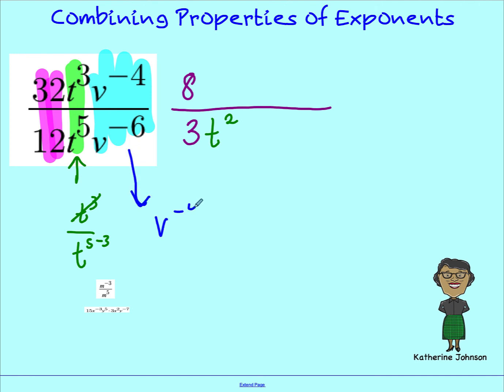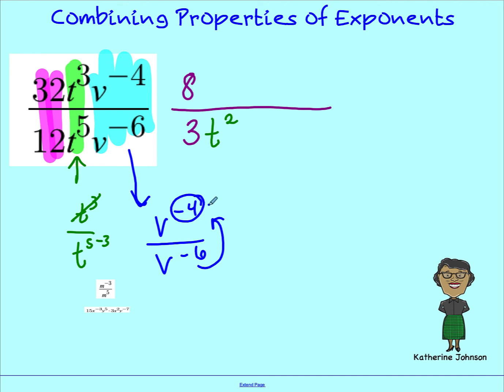So I have v to the negative 4th, v to the negative 6. Now, which number is greater, negative 4 or negative 6? Now, with negative numbers, remember, the one that's closest to 0 is the biggest number. So this actually is the greatest value. So that means my v's are going to end up here. And I'm still using the quotient property where I'm subtracting.